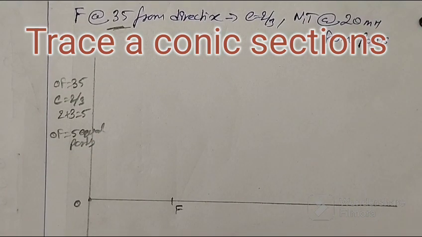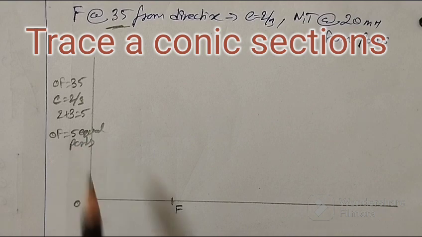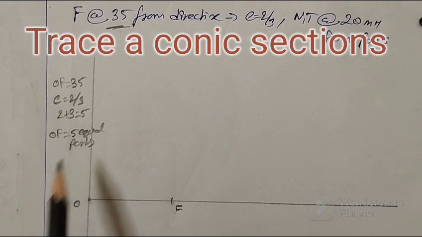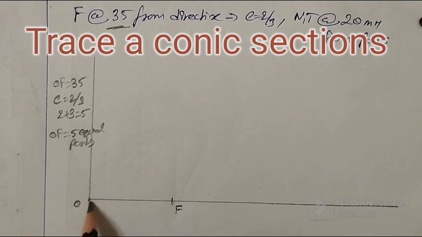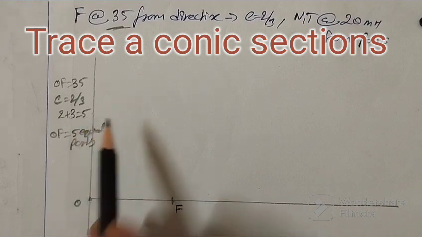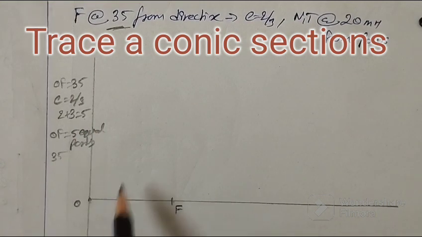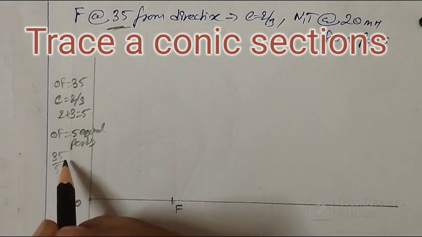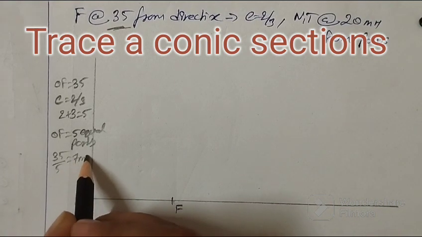Your aim is to divide OF into 5 equal parts. So total OF is 35, divided by 5 parts. The answer is 7 mm.